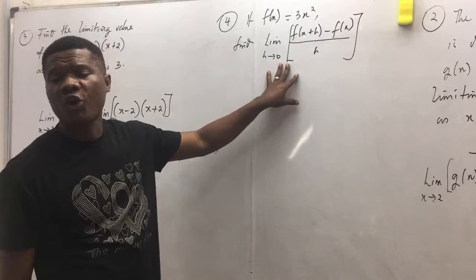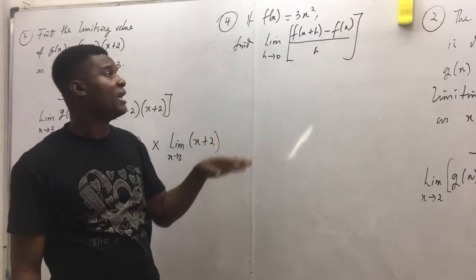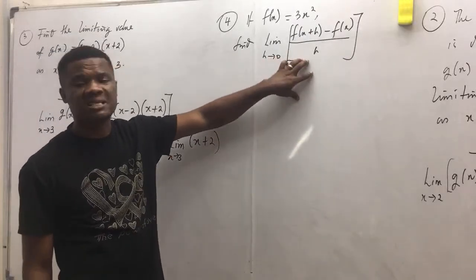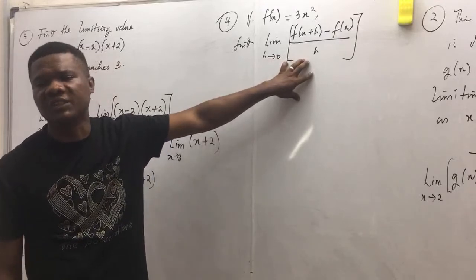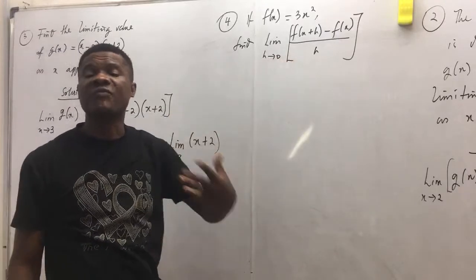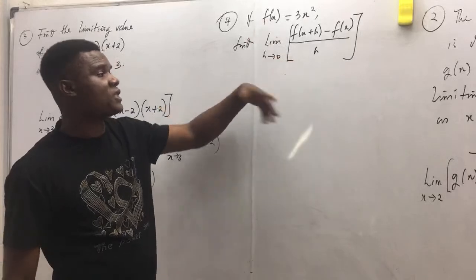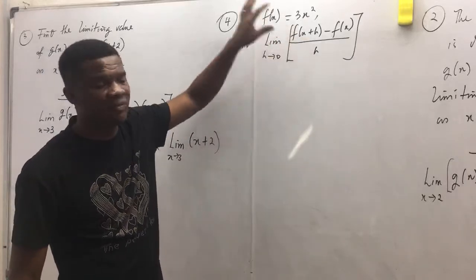In my video on the derivative of a function, you are going to realize that this defines what we call the derivative of a function, especially using first principle. Whether with first principle or not, this defines the derivative of a function.